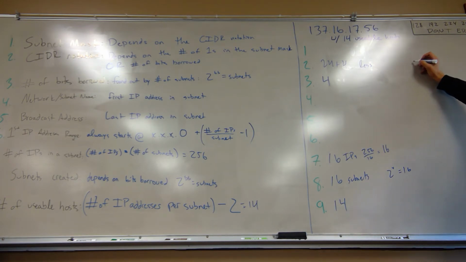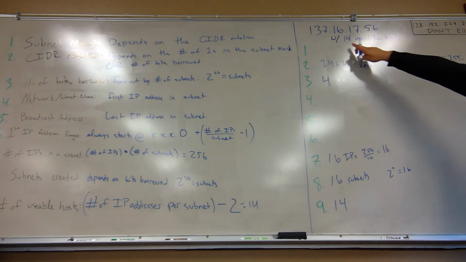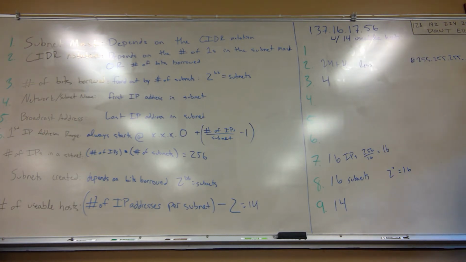So we have 255.255.255 dot something, because if the number of usable hosts is less than 255, it's this octet.